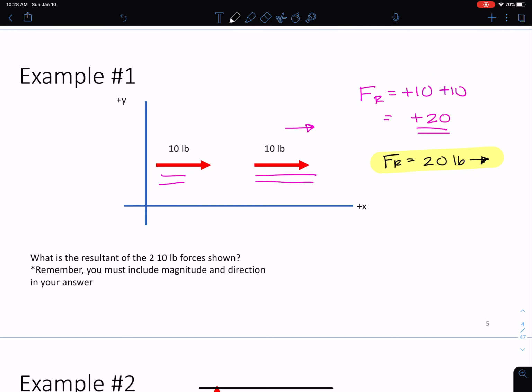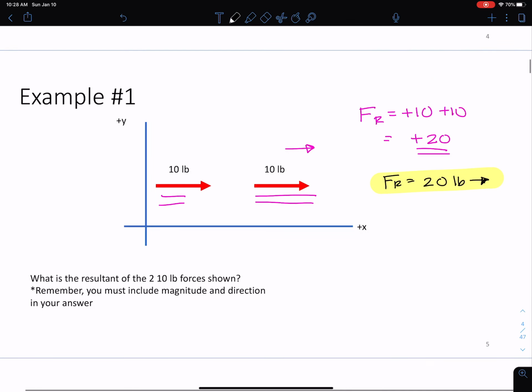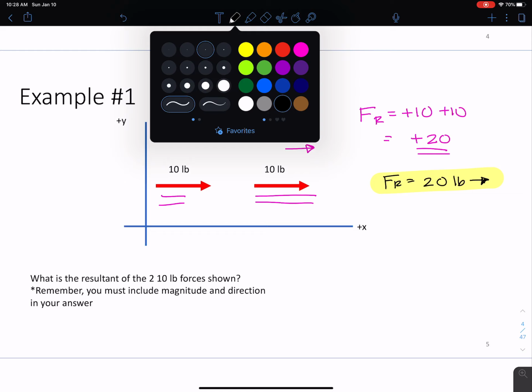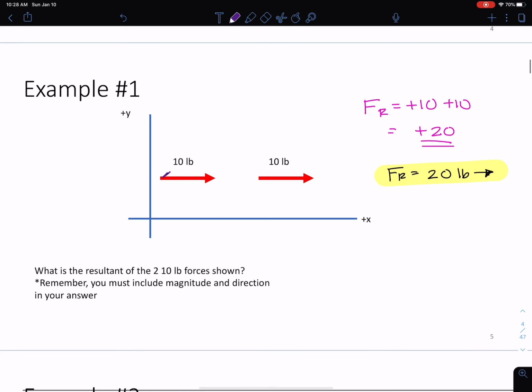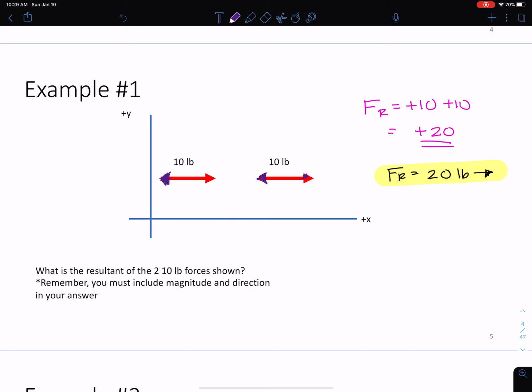Now, I'm going to ask you guys a question. What if my forces were going in this direction? Ignore the red here. We'll say they're going in this direction.